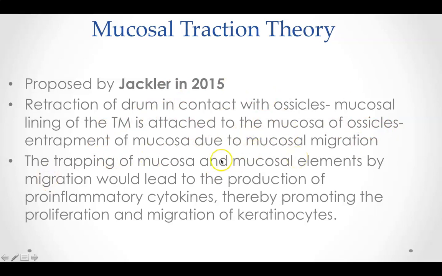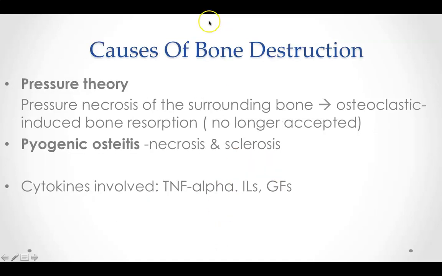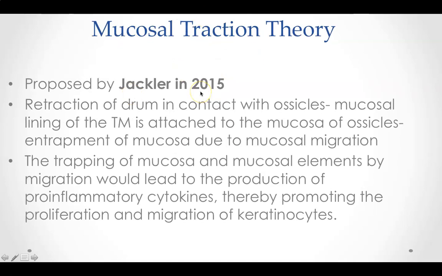Now, the trapping of the mucosa by migration would lead to production of pro-inflammatory cytokines, thereby promoting proliferation and migration of keratinocytes. So that is the mucosal traction theory, and that is the most recent one.